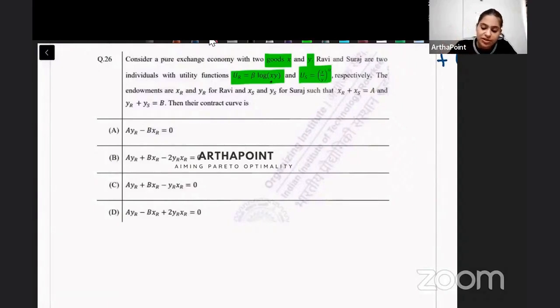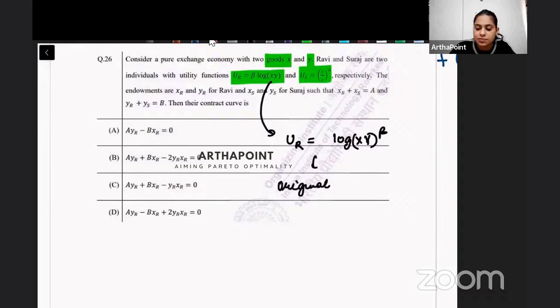So if I rewrite this, I can rewrite this as UR is equal to log of XY to the power beta. That means my original utility function can also be X to the power beta, Y to the power beta.